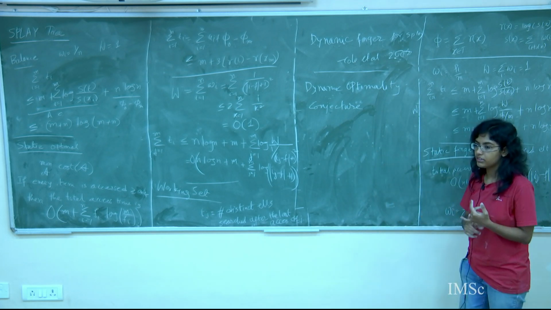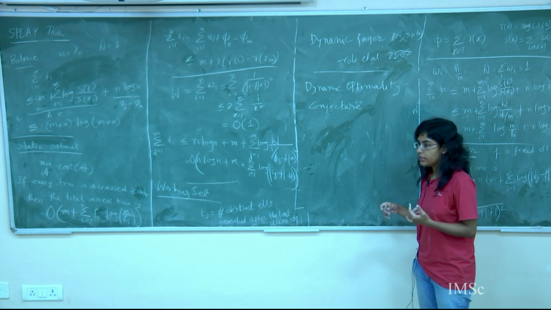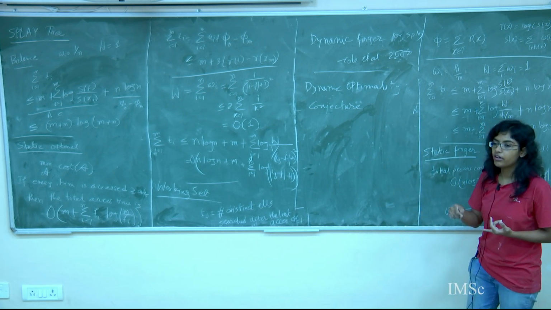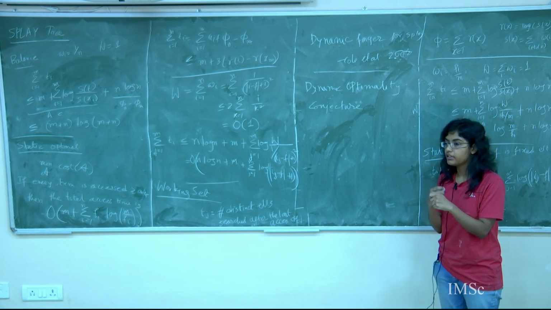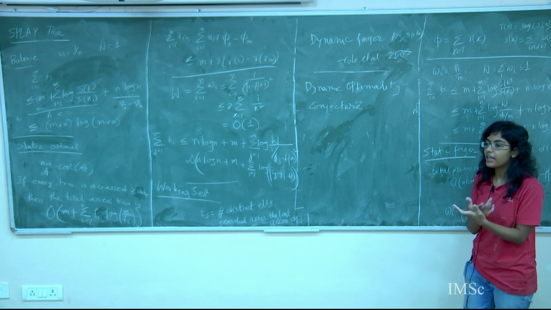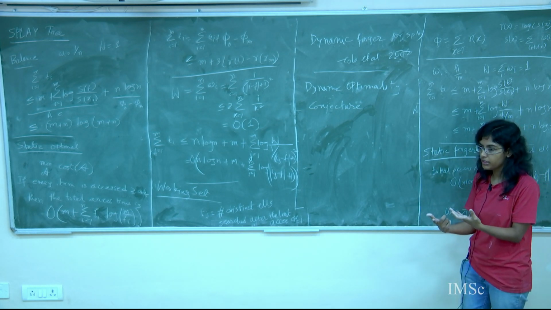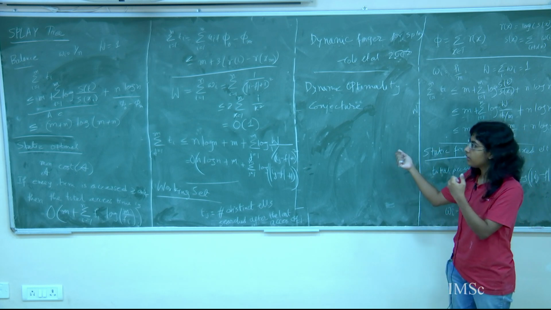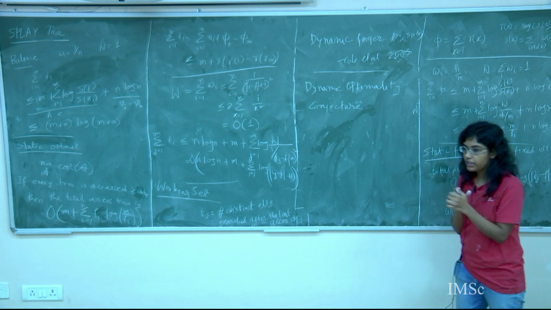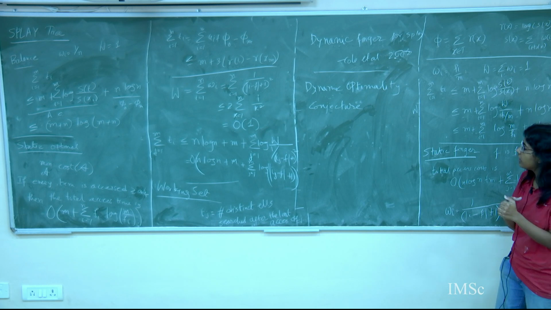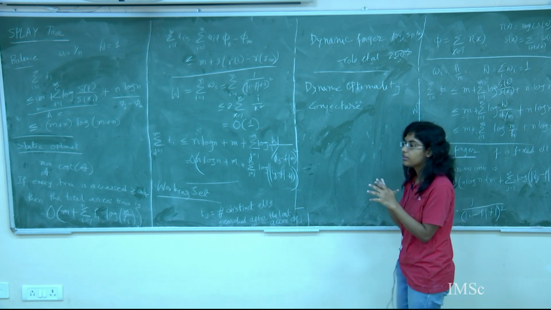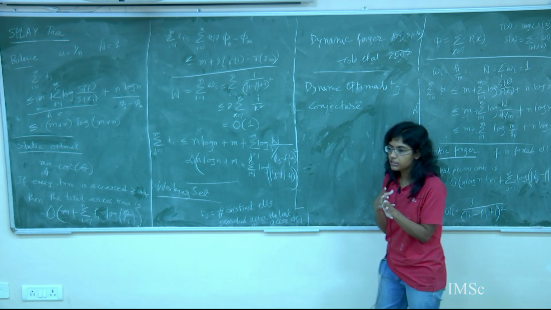One is the traversal conjecture: if your access sequence is a pre-order traversal of some tree, then it should also take constant amortized time, but that conjecture was resolved by Tarjan himself.